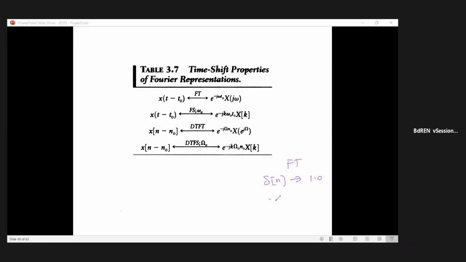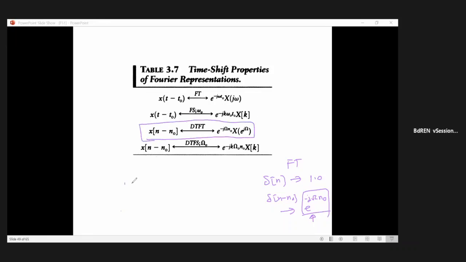But if we have delta[n minus n0], what is its Fourier transform? Was it not equal to e to the power minus j omega n0? Can you remember this from our last classes? Until the class test, this type of problem was also there. Very simple.